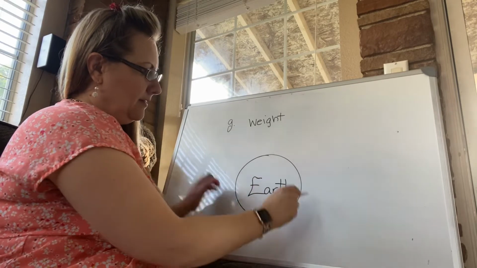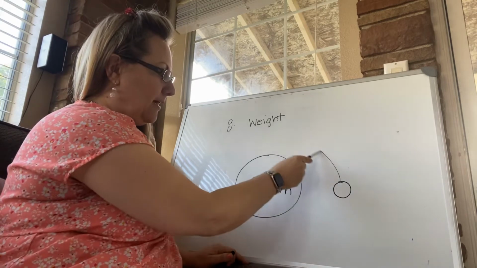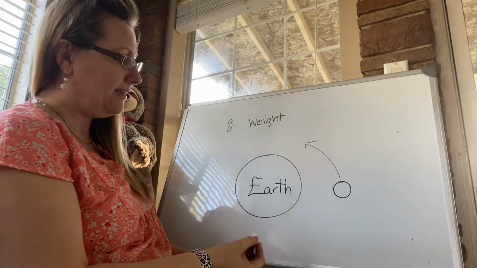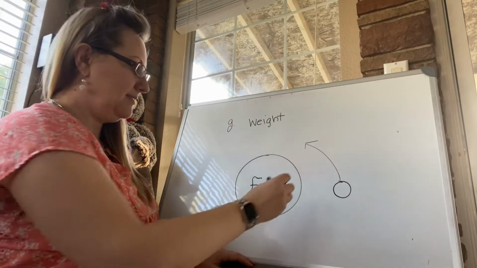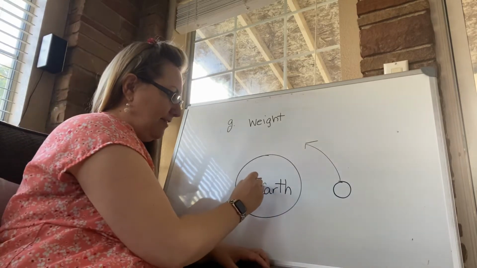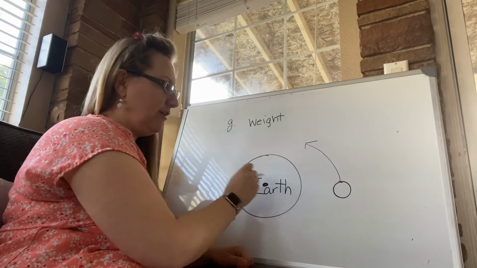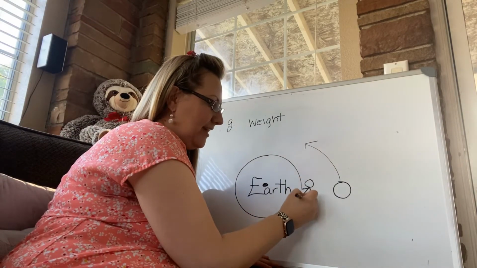Okay, and then let's say here's the moon that is going to be rotating around the earth, right? And if gravity is this force that's pulling us to the middle of the earth, me standing over here, there I am.